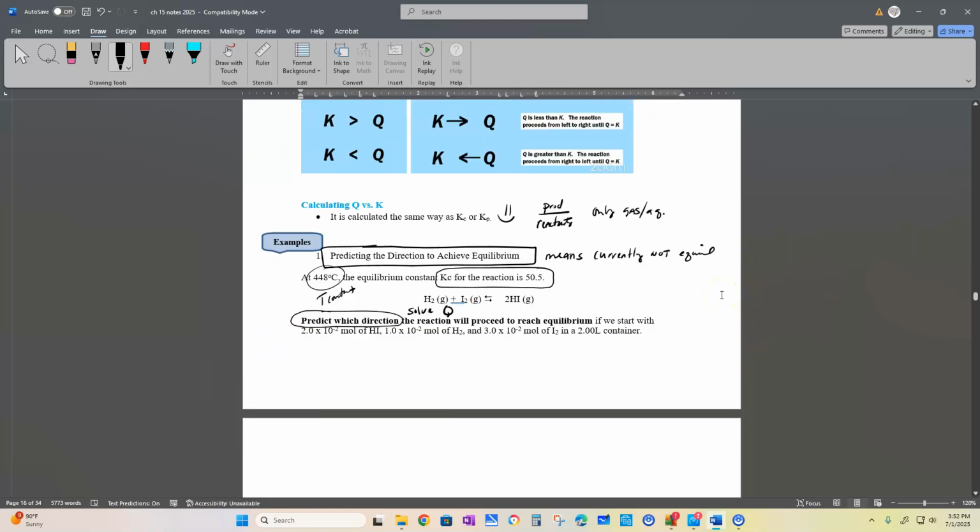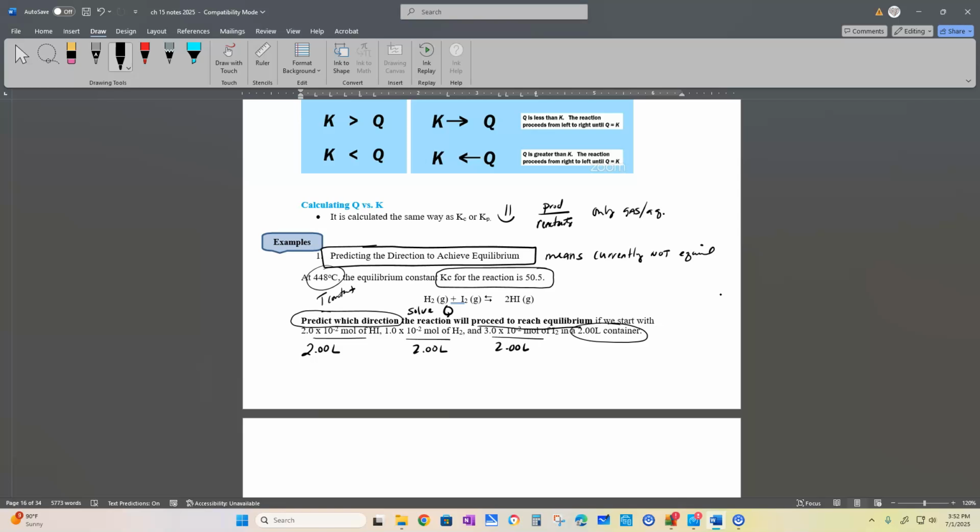If you start with this many moles of each chemical, remember we can't use moles, we need molarity, but they did tell us 2 liters. So we're going to take each one of these, bust out those calculators, and get each one of these into molarity.